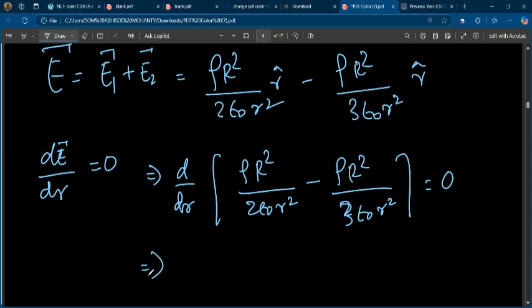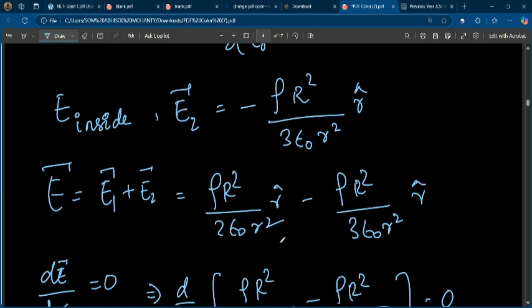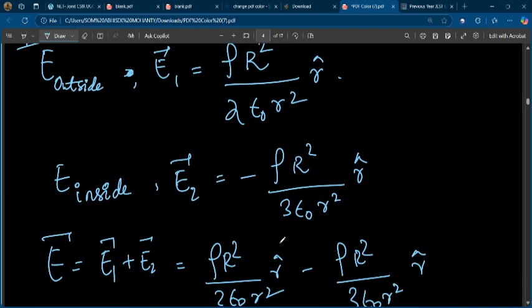I'm sorry again, I made a mistake again and again. There is R here, and this is R cube. If you remember the formula, I made a mistake here. Here also, this is R cube.